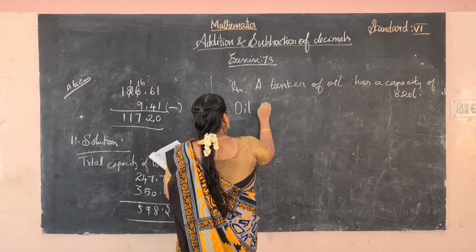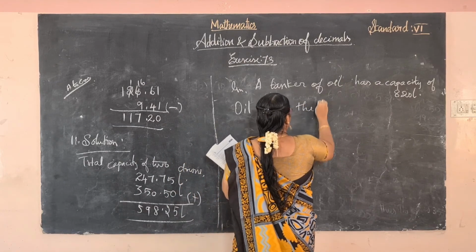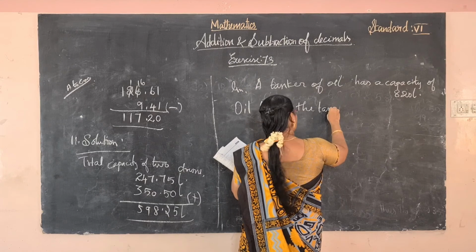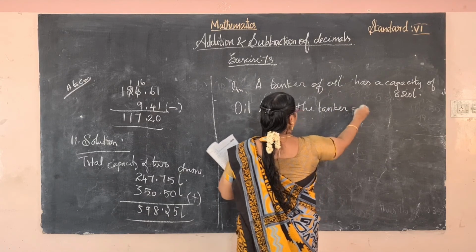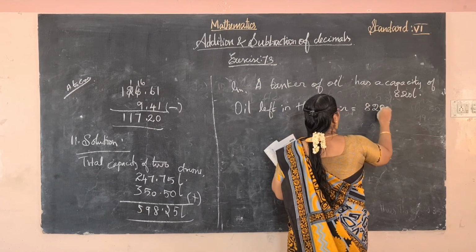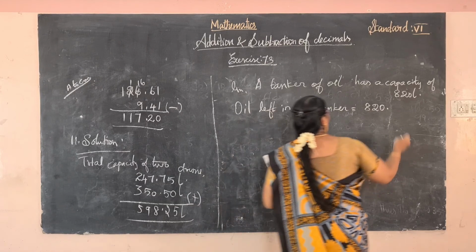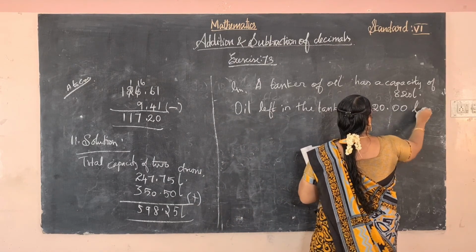Oil left in a tanker is equal to 820.85. How many decimal place values here? 100. So you have added 2 zeros. Okay.